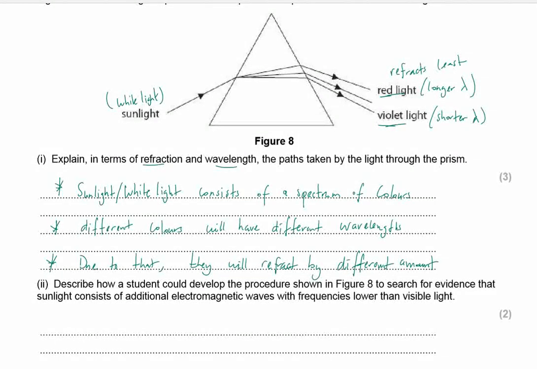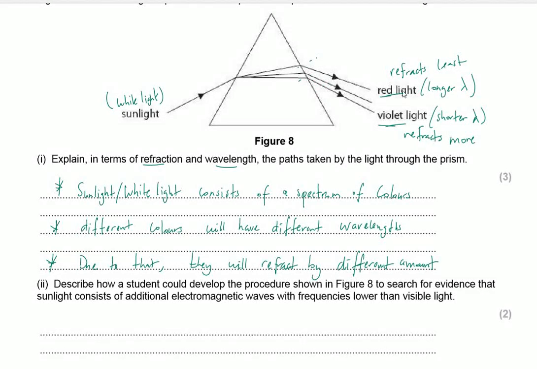Violet has a shorter wavelength, so it refracts more. Now, how do you know it refracts? Refracts just means bends. Look, if you draw a normal here, look how much it's bending. Look at this one, not by much. So violet is the one that is bending the most.